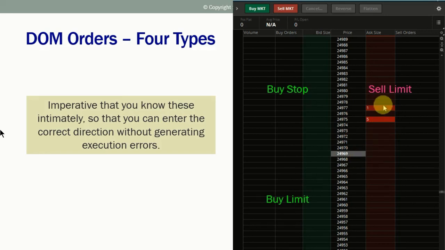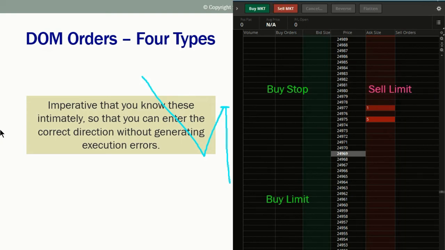Sell limit says, I want to enter short, but I don't want to enter any lower than my limit price up here. So this is typically for something where you have price pulling back, entering a limit order up here, and then falling down. So a pullback is usually where you're using your limits.